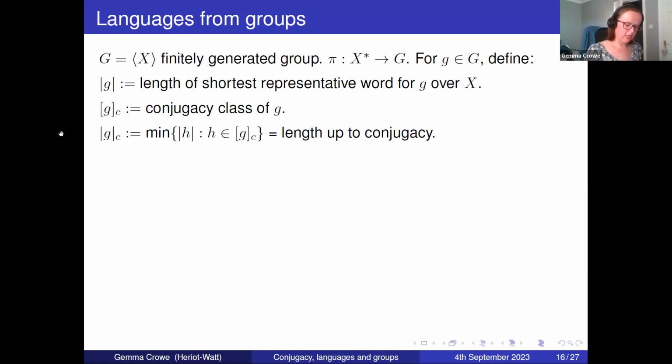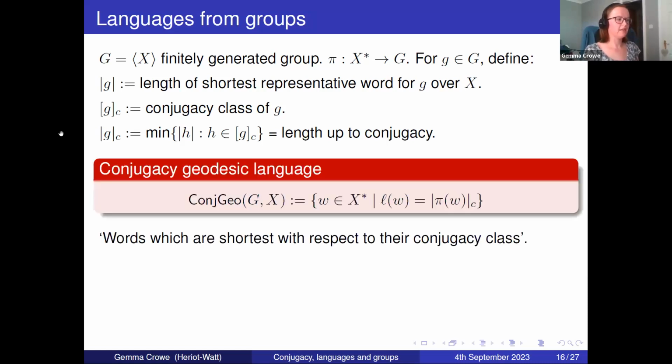So the first language we can create, which talks about conjugacy in a group, is what we call the conjugacy geodesic language, okay? And this is simply all words over your generating set where the word length is precisely the minimal length up to conjugacy when you project to the relevant group element. Bottom line, basically, which of the words are shortest with respect to their conjugacy class, and that's you.